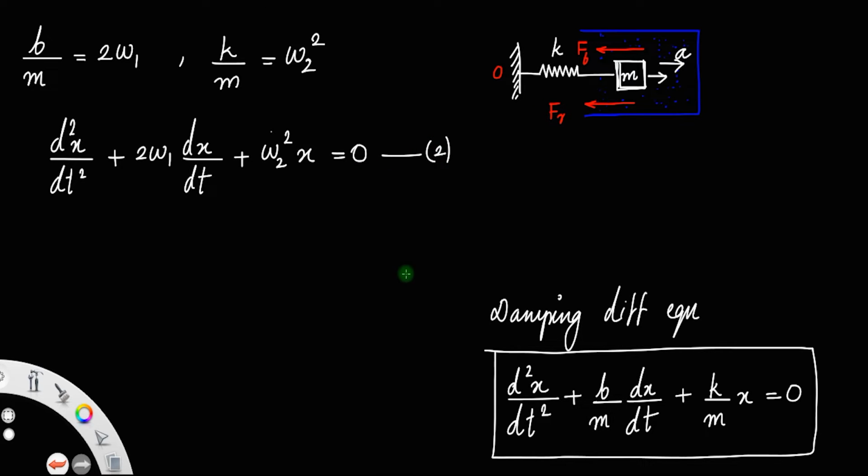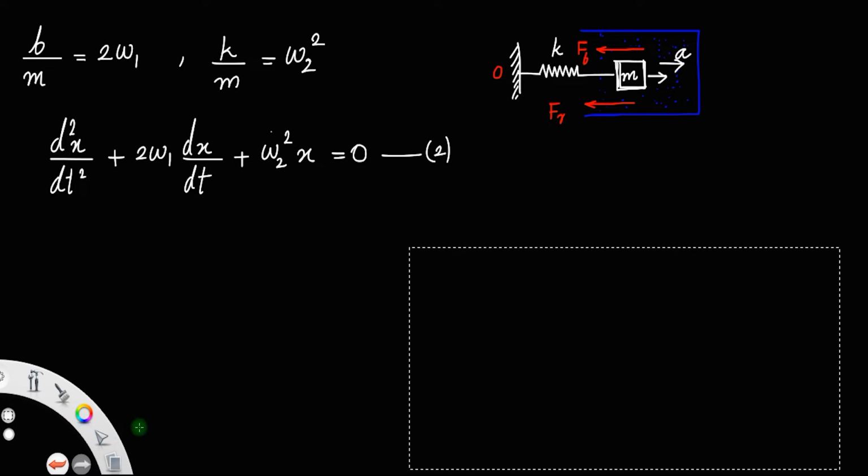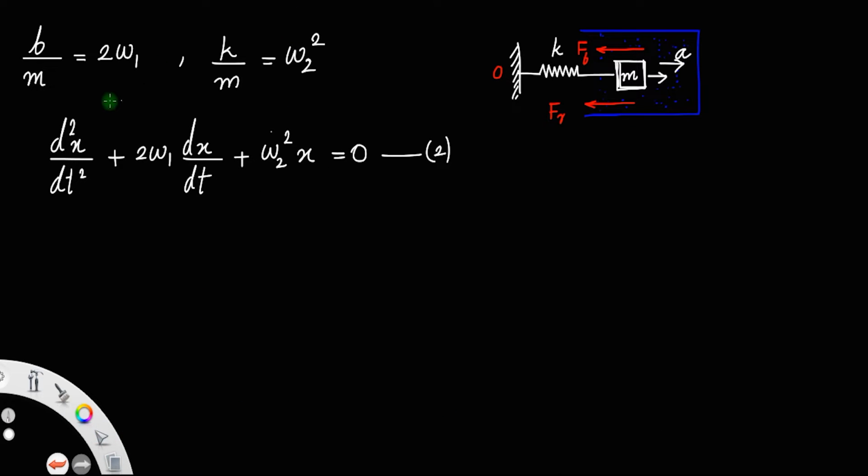Now, this kind of second degree differential equation, the solution usually comes in the form of a constant into an exponential term. So let x is equal to a e raised to alpha t, where a is the amplitude, or let's now consider that as a constant.